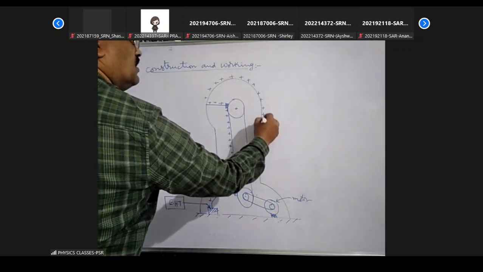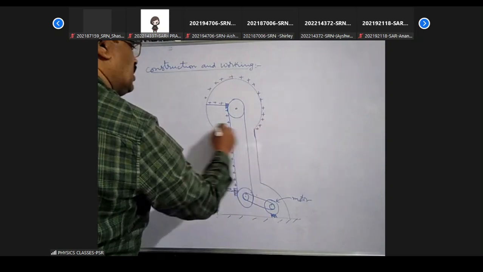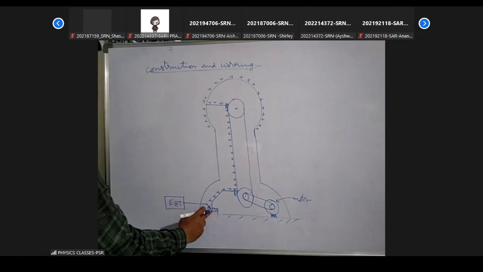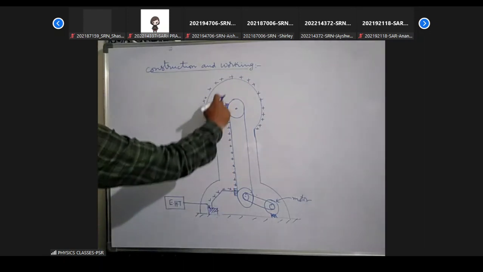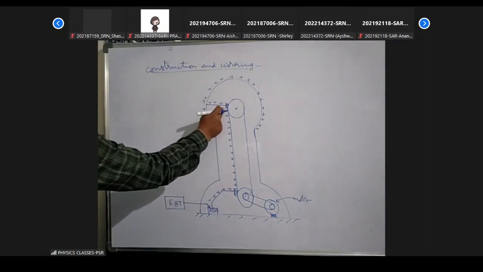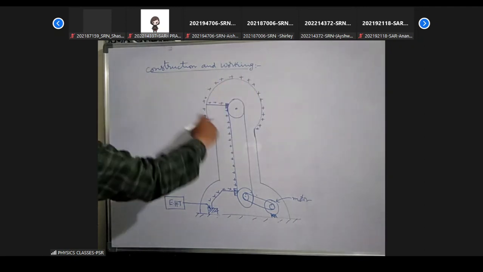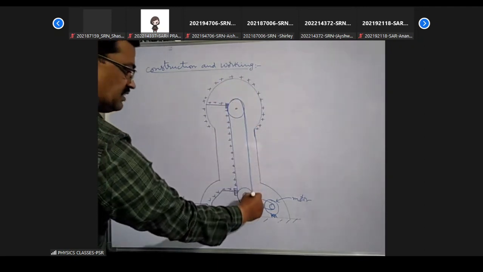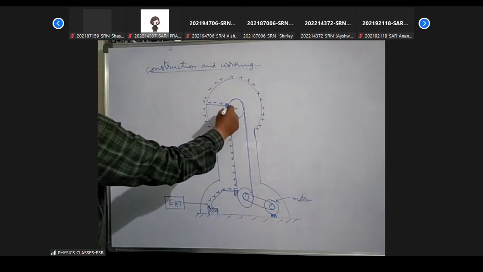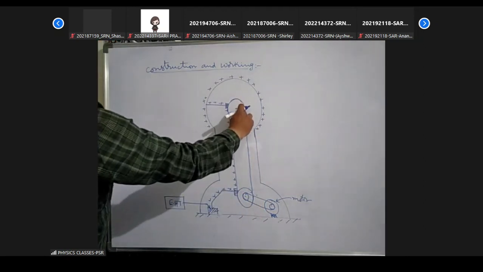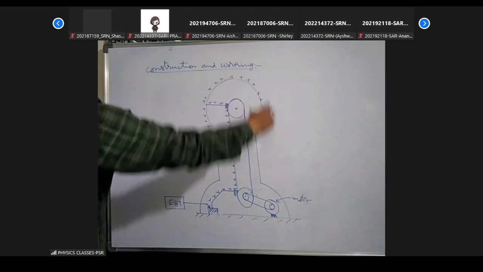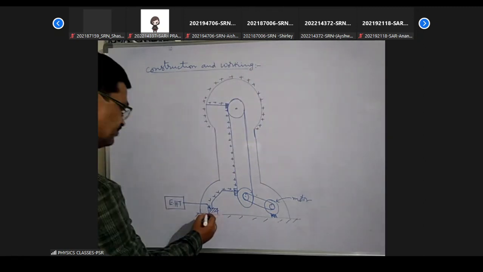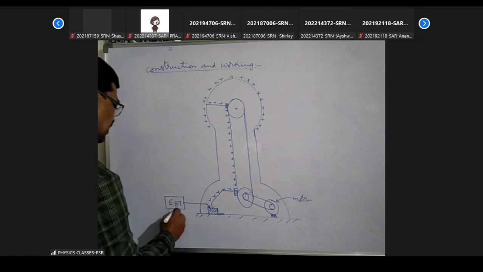If we supply the positive charge continuously to the inner support brush, it keeps flowing like this. This brush absorbs the charge and gives it to this surface. The empty belt moves down and absorbs the positive charge again. So continuously, the potential of this outer shell increases. That is the construction and working.